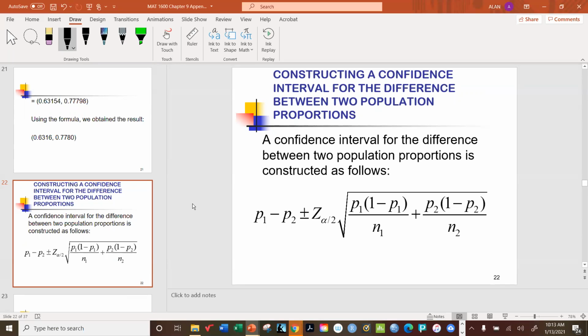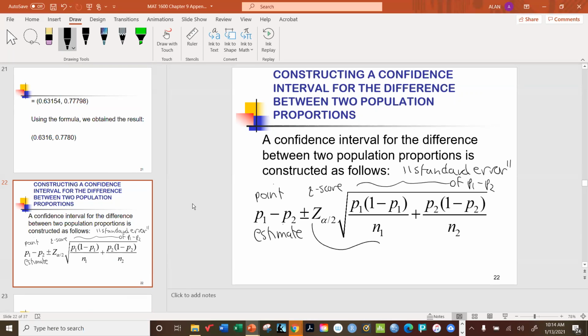So this is our point estimate. Okay, this is our z-score. This expression in the square root is referred to as the standard error of P1 minus P2.